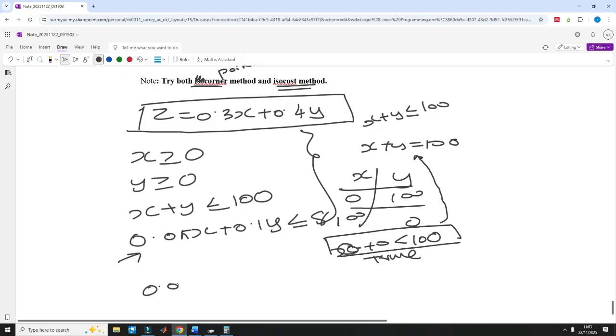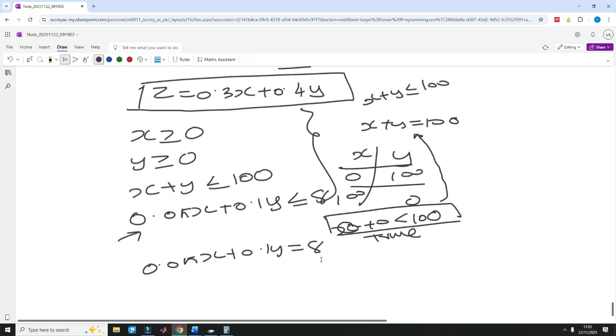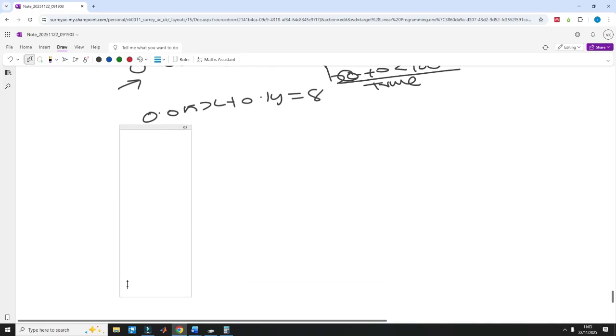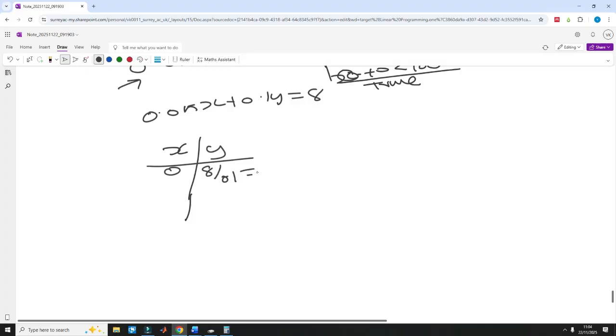0.05x plus 0.1y should be equal to 8. So make the table now, x, y. When x is equal to 0, y is equal to 8 by 0.1, that's equal to 80.